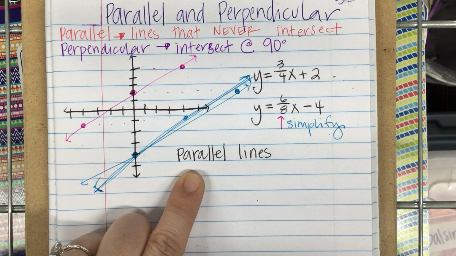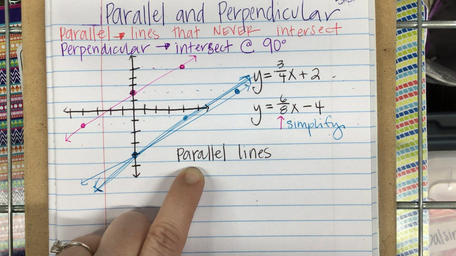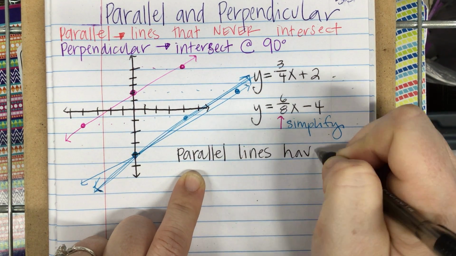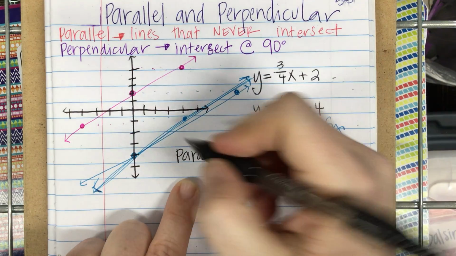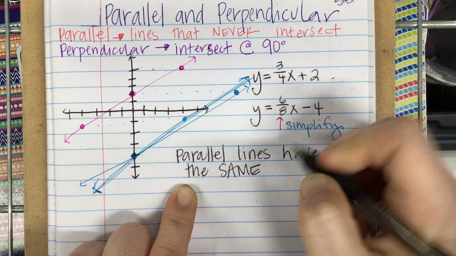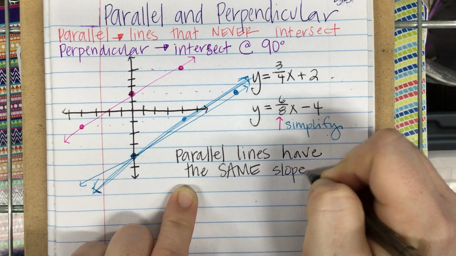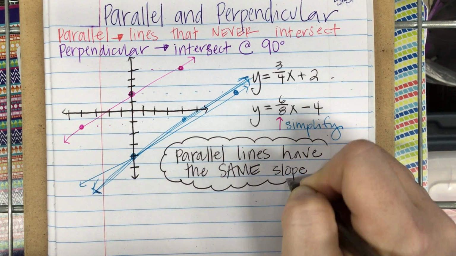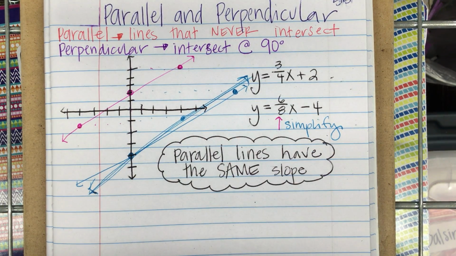What do they have in common? What's the same for these parallel lines? Serenity? They have the same slope. Parallel lines have the same slope.